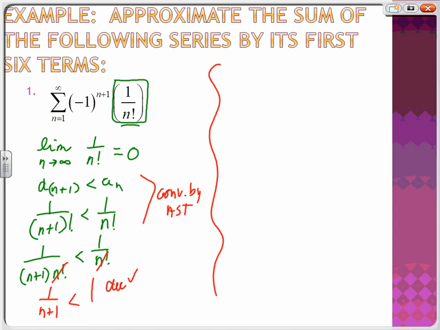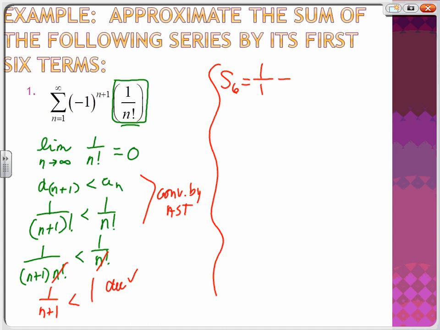So let's find the first 6 terms. Plug in a 1, negative 1 to the 1 plus 1 ends up being a positive over 1 factorial, which is 1.